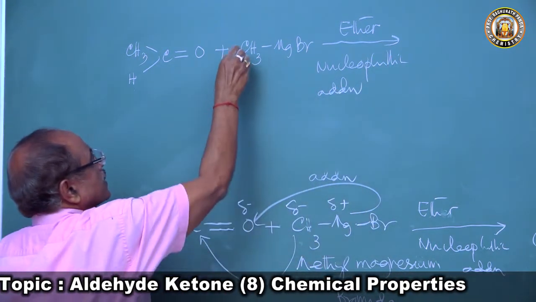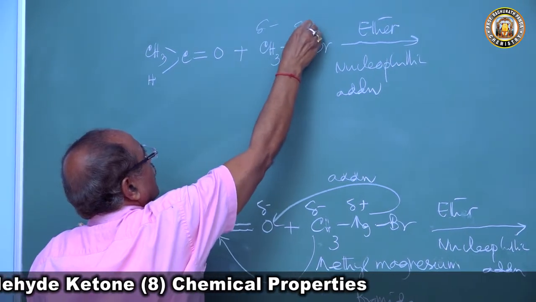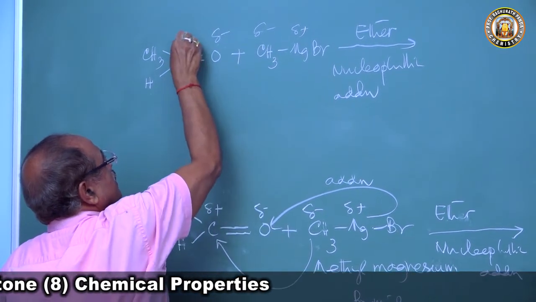CH3 is negative and MgBr is positive, O is negative, C is positive.